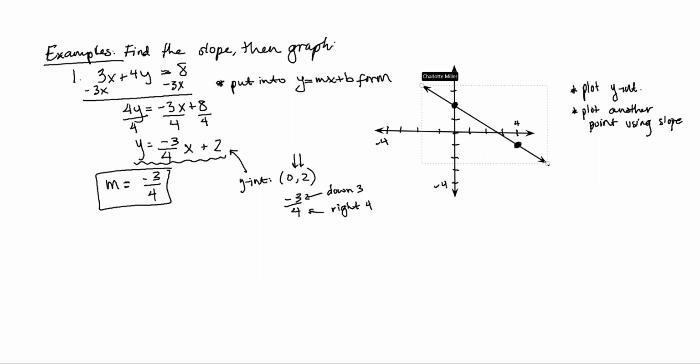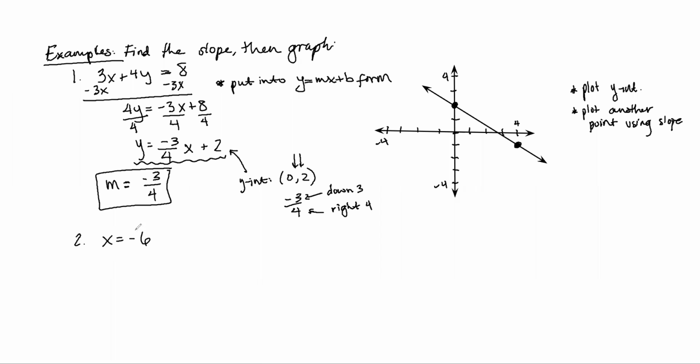Okay, let's go ahead and try 2 more. These 2 are a little bit faster, just because they're 2 special cases. So let's say we're given the equation x equals -6. Now for this one, I'm not going to put it into slope-intercept form because we don't have a y to put it into slope-intercept form with.